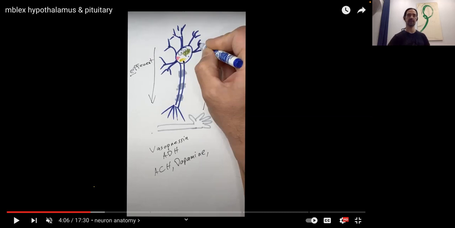Inside the neuronal body, the nerve cell body, you have all the same features, all the same organelles that exist in other cells. You have a nucleus, endoplasmic reticulum, smooth and rough, ribosomes, mitochondria, and cytoplasm.